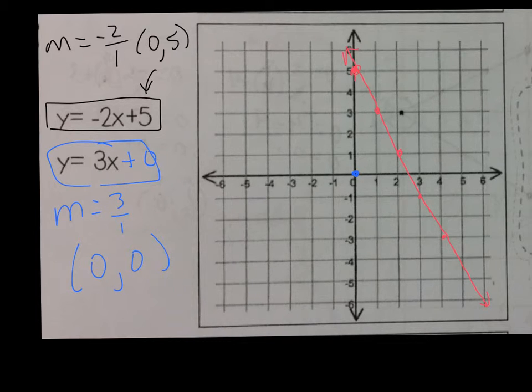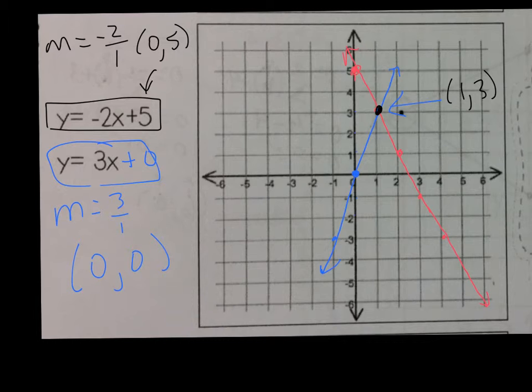And 3 over 1, so 1, 2, 3, up 1. So right there. Well, you notice there's already an intersection. I can go down 3 and left 1. I can go ahead and connect those. And this right here is my intersecting point. So that point right there would be 1, 3.